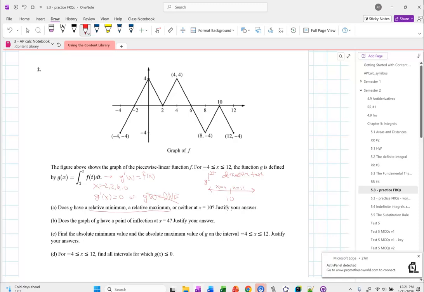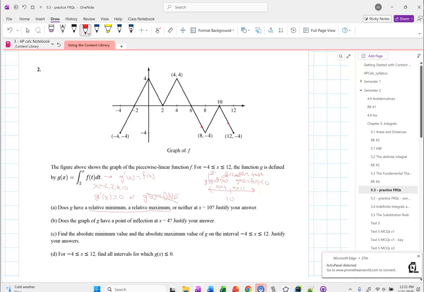And then I need to see what the derivative is doing. So I want to look at what g prime of 9 is. Well, remember that g prime is the same as f of x. So this is the same thing as f of 9, which is like here or something. That's negative. And then g prime of 11, well, that's the same thing as f of 11. That's like here.